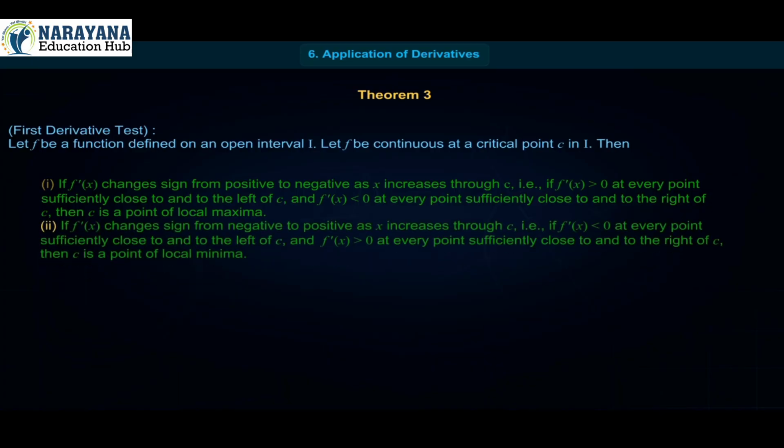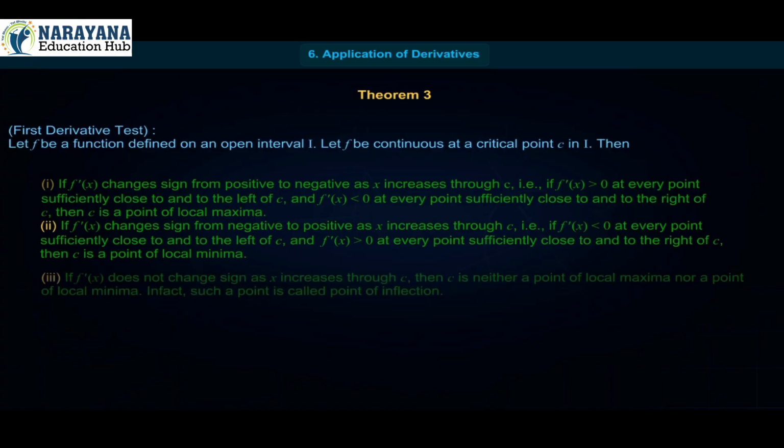Number 2, if f dash of x changes sign from negative to positive as x increases through c, that is, if f dash of x is less than 0 at every point sufficiently close to and to the left of c, and f dash of x is greater than 0 at every point sufficiently close to and to the right of c, then c is a point of local minima.